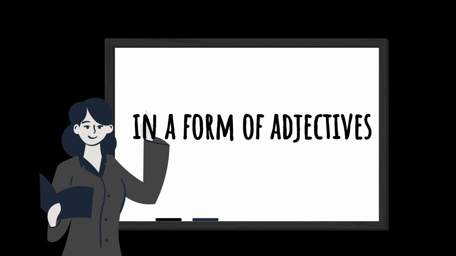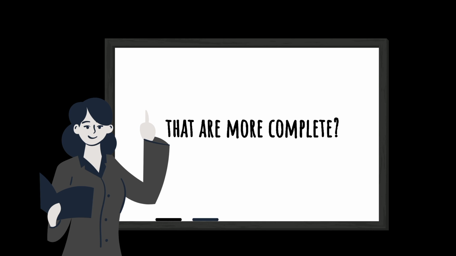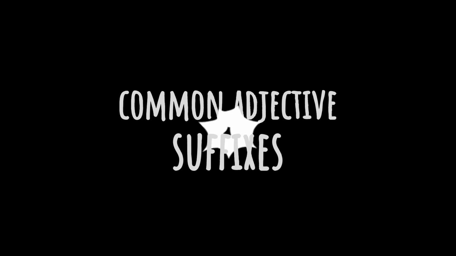There's even more. Do you know that using suffixes in the form of adjectives can help you construct and express sentences that are more complete? The following are some examples of common adjective suffixes: "al" and "ical" suffix. There are numerous words that use these suffixes.